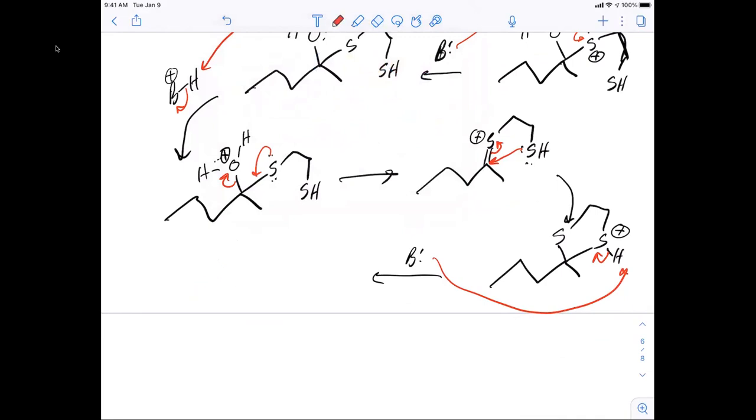So we end up with the cyclic thioacetal. So similar to what we did with the oxygen.